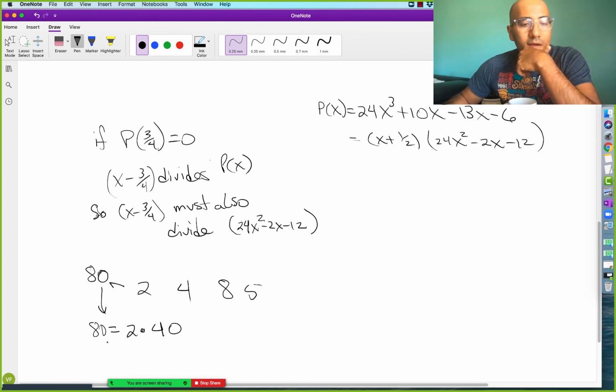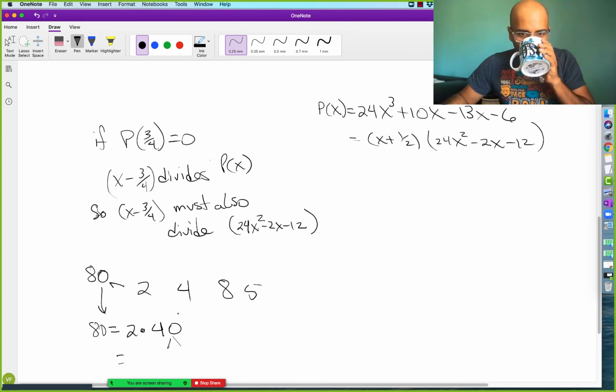So then 5 divides 80, so it must also divide the 40. So I can continue to break this up and say, well, 5 was a divisor of the 80, so therefore it must be a divisor of the 40 because 2 times 40 is equal to 80, right? And 5 certainly doesn't divide 2. Okay, so that must mean that this divides this, so we can use synthetic division on it.